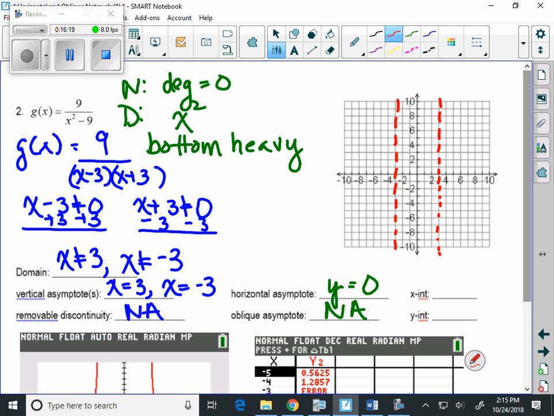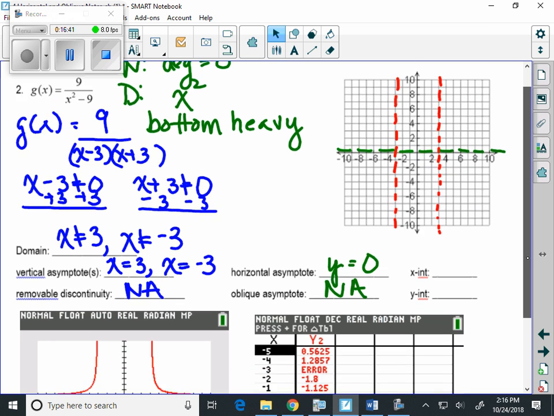We also just recently found that we have a horizontal asymptote at y = 0. Well, that's here. And then we can use our calculator to get a couple points that may help us to find our y-intercept.